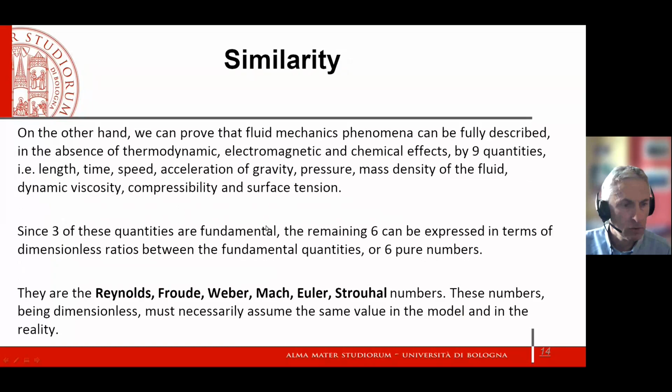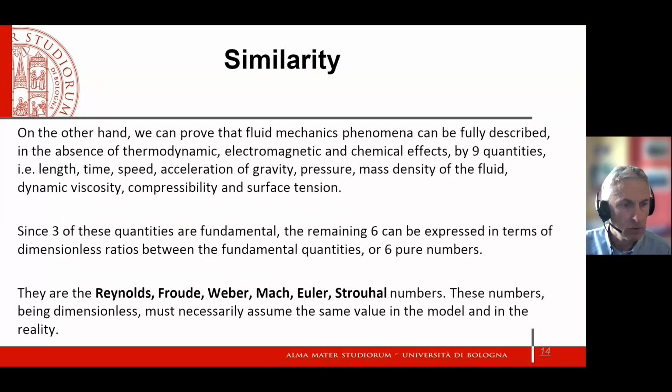Now, on the other hand, we can prove that fluid mechanics can be fully described, in the absence of thermodynamic, electromagnetic, and chemical effects, by 9 quantities, and they are length, time, speed, acceleration of gravity, pressure, mass density of the fluid, dynamic viscosity of the fluid, compressibility of the fluid, and surface tension.